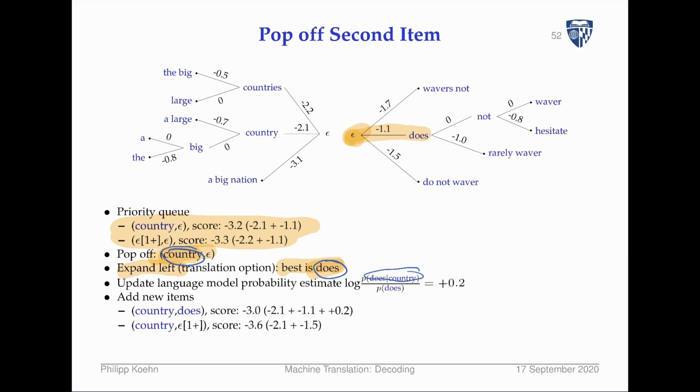Previously, what we factored in was the probability of does in isolation, so it was just a unigram probability. Now we say does following country, and that's a good spot for the word does. So we might update our language model probability based on the actual computation we did there. We actually had to carry out this expensive language model calculation that we want to avoid.